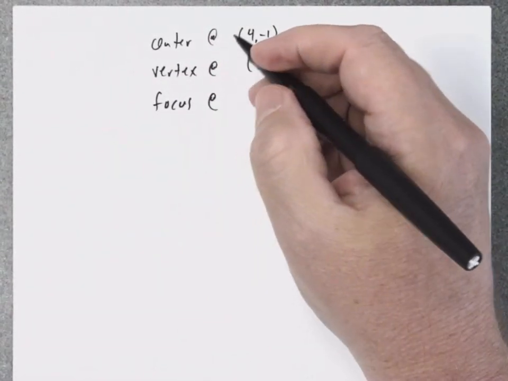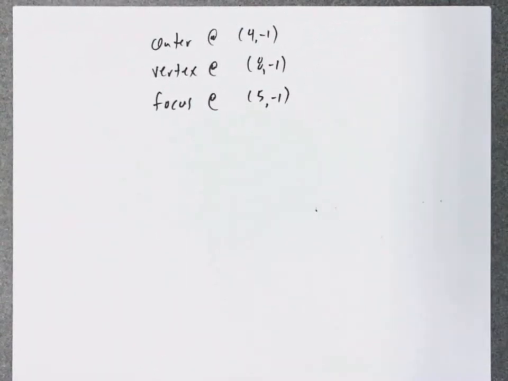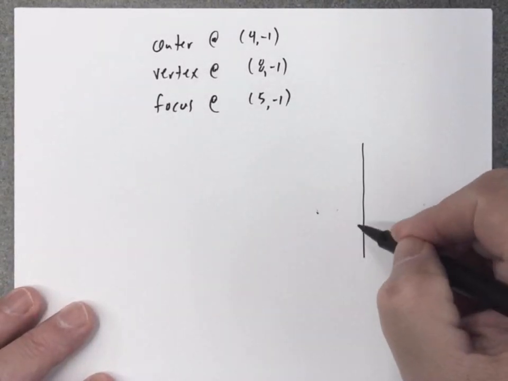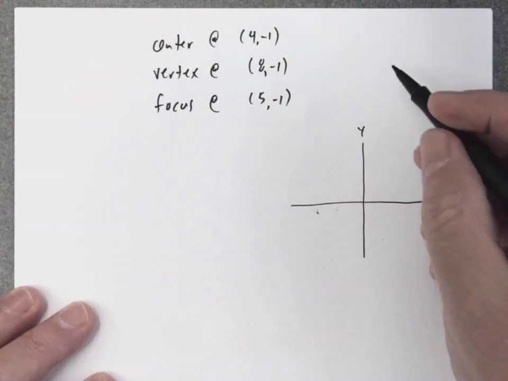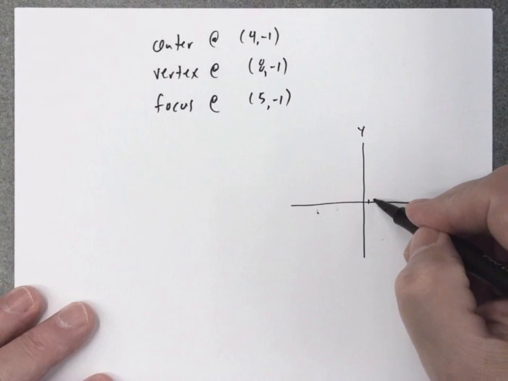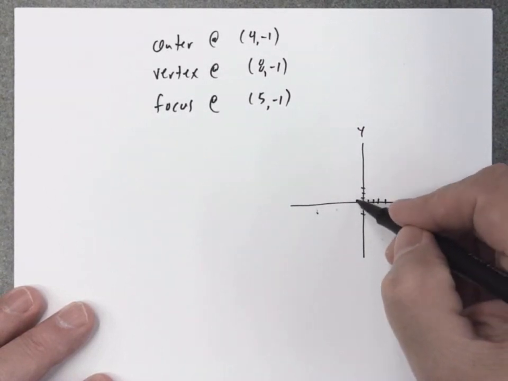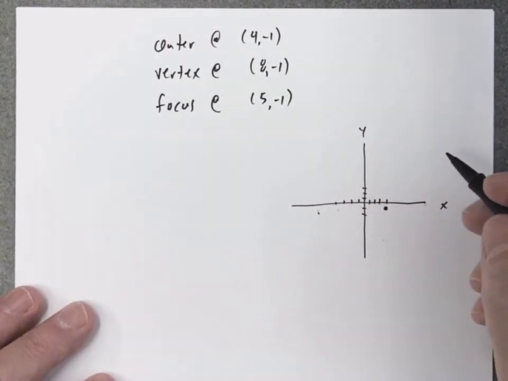So this is similar to the last problem. Once again, I'm going to go ahead and graph this. So the center at 4, -1. Vertex is 8, -1.